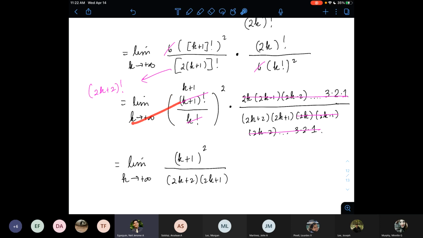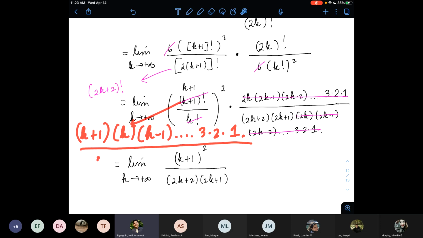Because if you expand the top, it would be the product from 1 to k plus 1, k minus 1 until 3 times 2 times 1, all over k factorial, which is the product from 1 till k. So the expanded factorials look like this. And what you can notice is that they both have k until 3 to 1. So all that remained was a k plus 1 here.